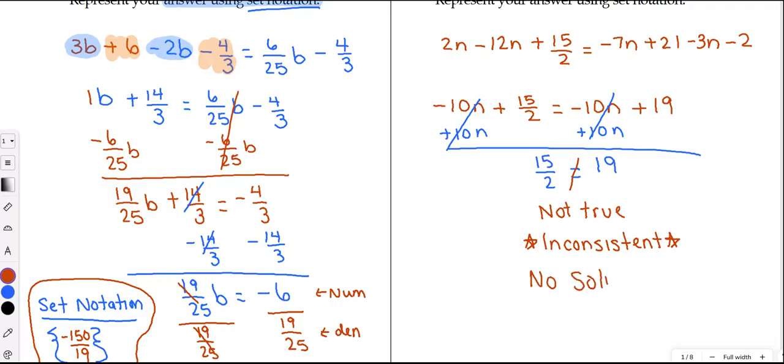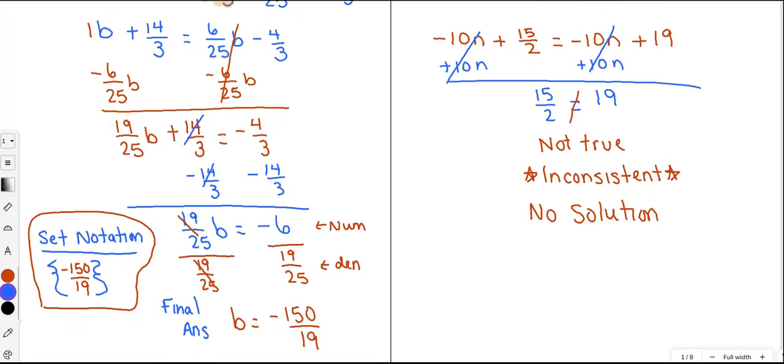So this is what you would write in this special case. It does not always happen. Normally, we like to solve and get an actual solution, right? In this case, we have no solution. So the problem is asking us to write our solution using set notation, but we don't have a solution. So look at how awesome this is.